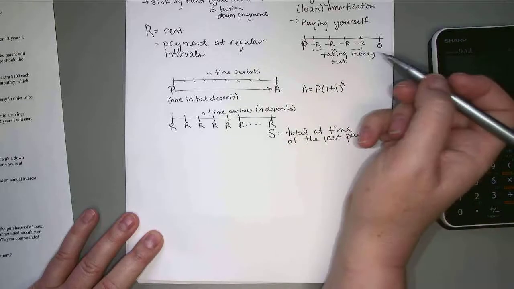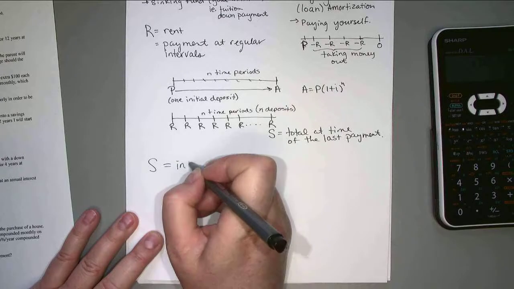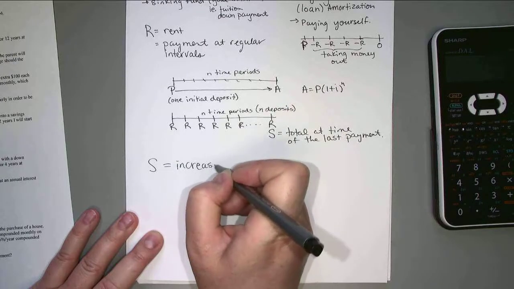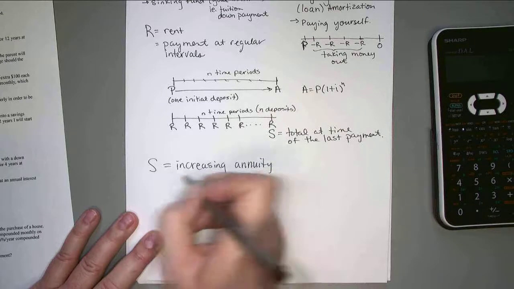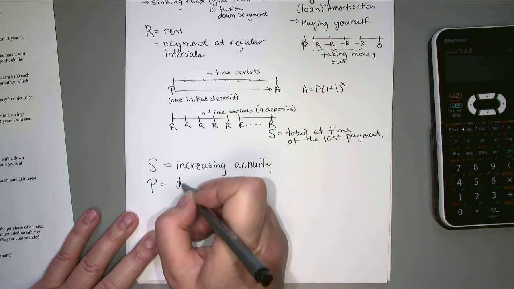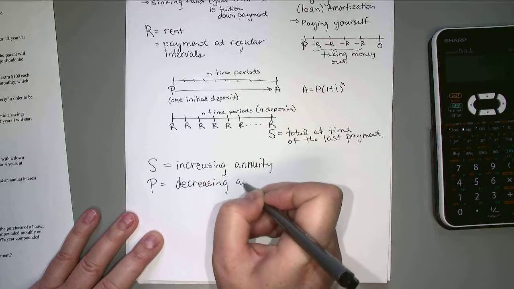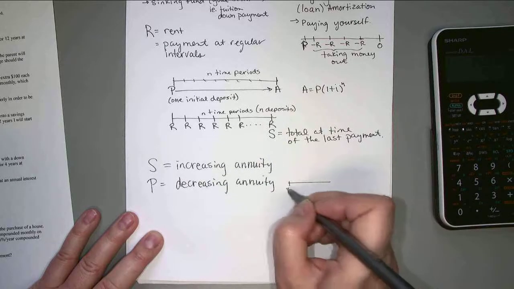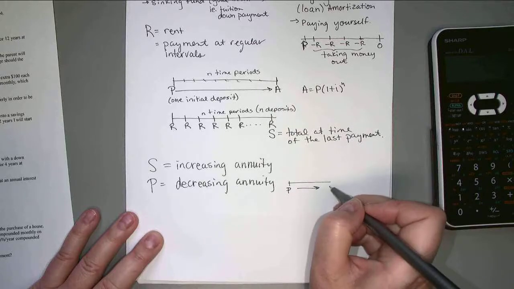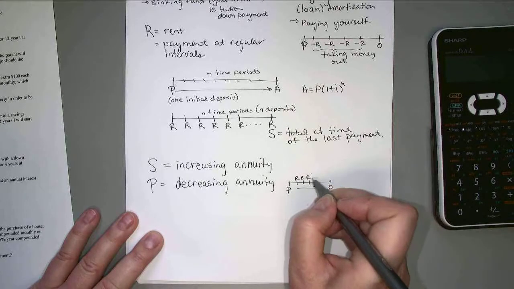So this S is called an increasing annuity because the money is growing. And P is called a decreasing annuity. So it starts at P and ends at 0, and you have all these R's in between, withdrawals.